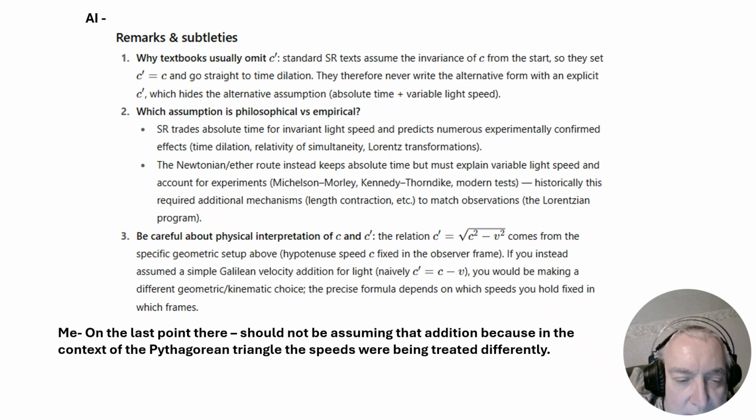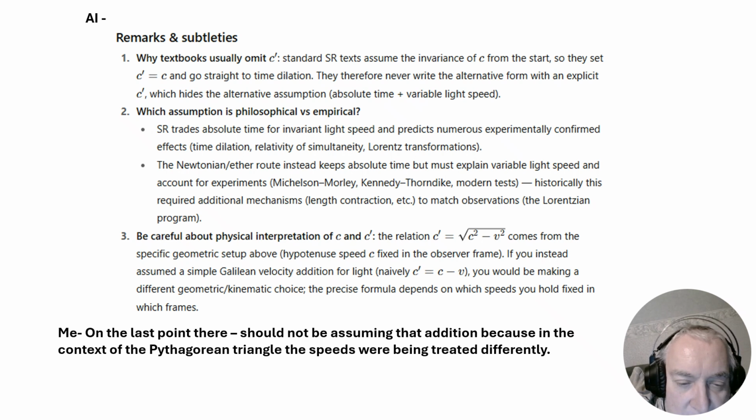Number 2, which assumption is philosophical versus empirical? Special relativity trades absolute time for invariant light speed and predicts numerous experimentally confirmed effects. Time dilation, relativity of simultaneity, Lorentz transformations. And that's their claim.